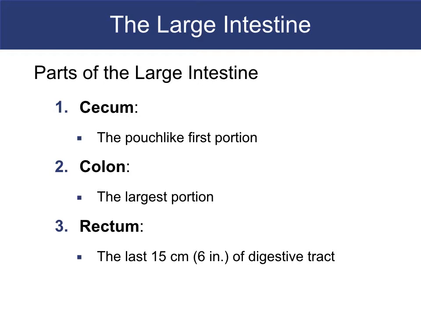Let's talk about the parts of the large intestine. The cecum is that little pouch over there in the right lower quadrant. The cecum is a really big deal in the rats. Did you guys remember that cecum? It was a huge pouchy thing over there. So here comes the small intestine.